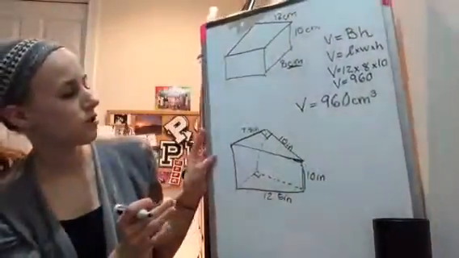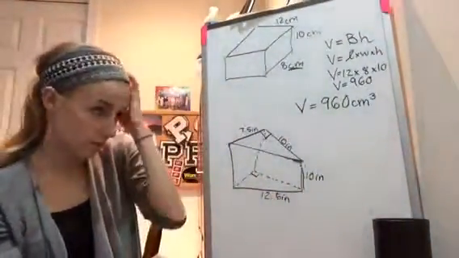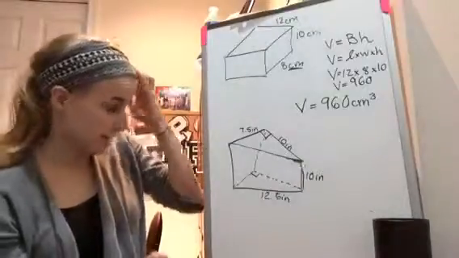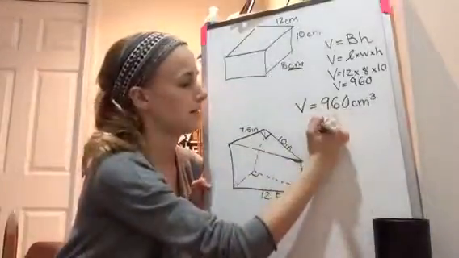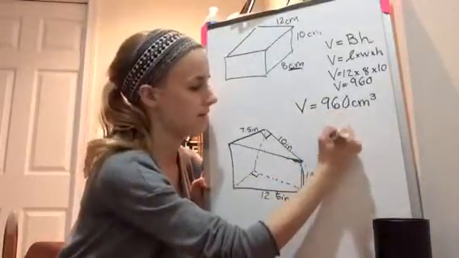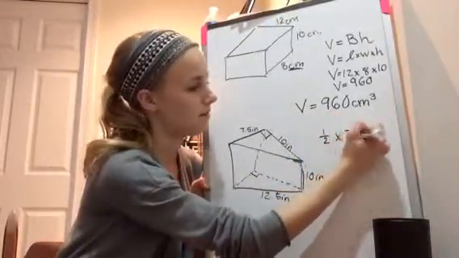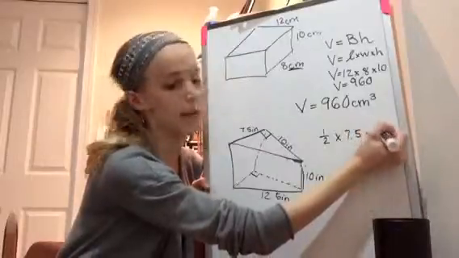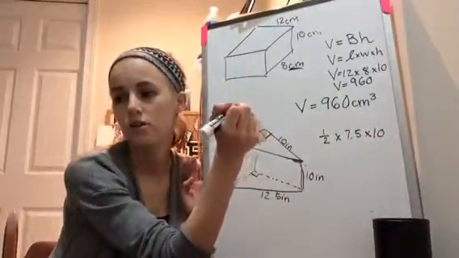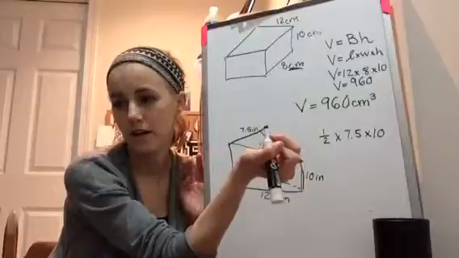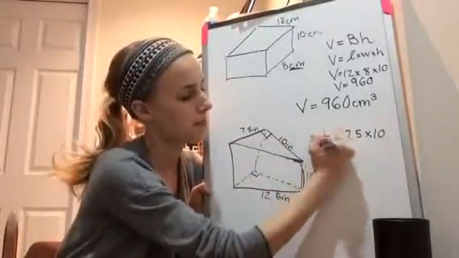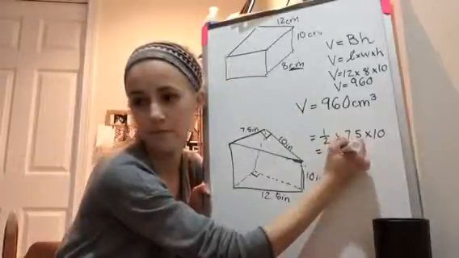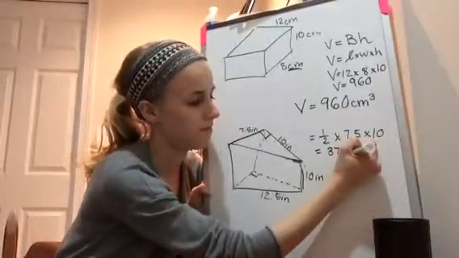All right, so how am I going to do this? Well, I have to first find the area of the base, which would be this one here. So that's going to be 1/2 times 7.5 times 10. All right, so we're going to find that. So that equals 37.5.